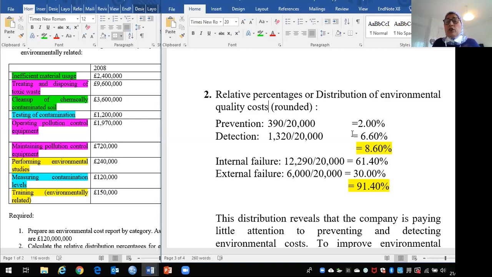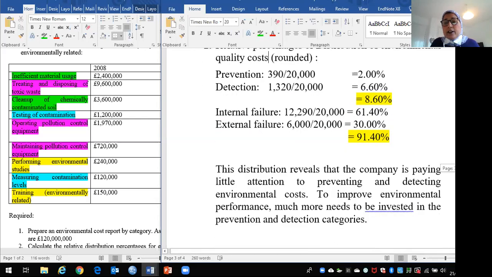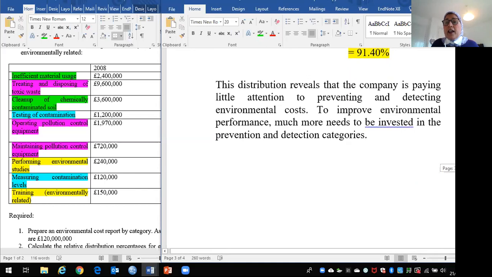Don't wait until everything goes to the equipment, etc. So once the company invests more money on prevention and detection, they will see more reduction in internal and external failure. And this is a comment I have just written, but of course it is very simple.